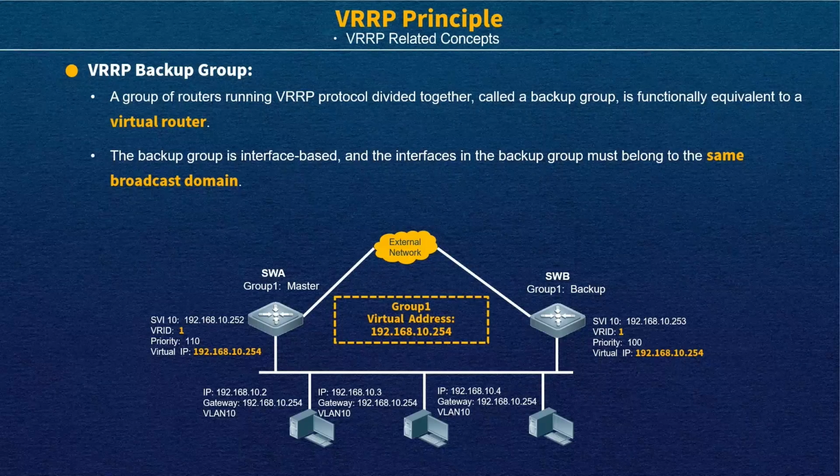Because I have to send out the VIP message to you, and I also will receive the VIP message from the other devices, and then we compare the priority and the IP address to select the master, right? This VIP packet is a multicast message. So if they belong to the same broadcast domain, I can send the message to you successfully. So pay attention to this one.